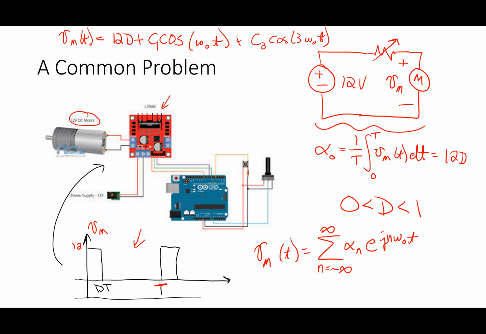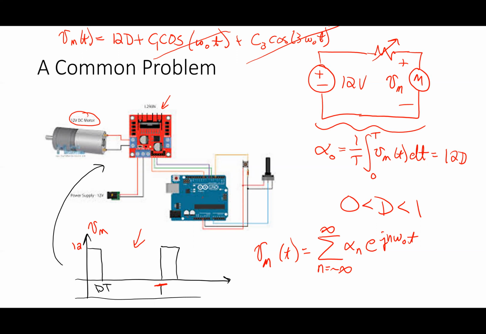Shouldn't the motor start and stop and start and stop? Why does it spin constantly? Because the motor is filtering these guys out. The motor's not responding to those things.